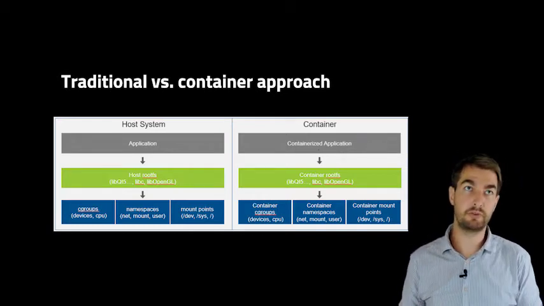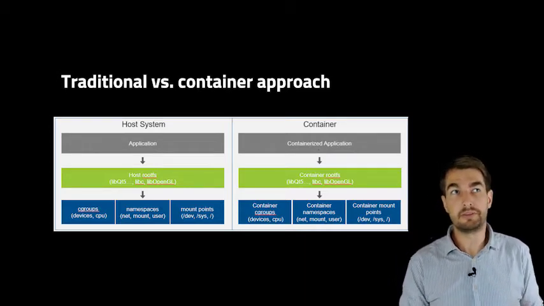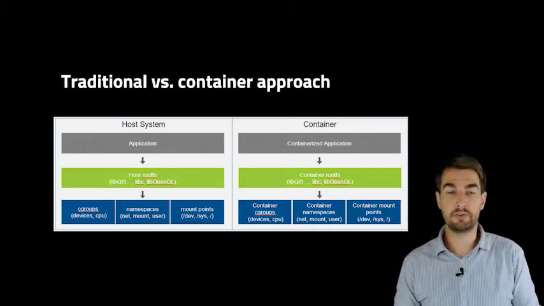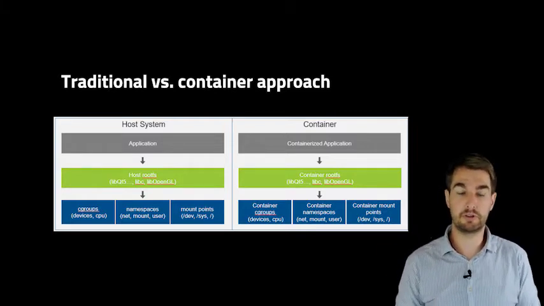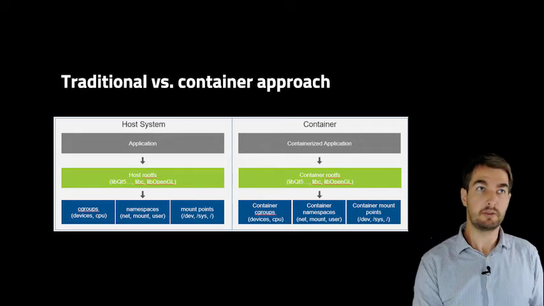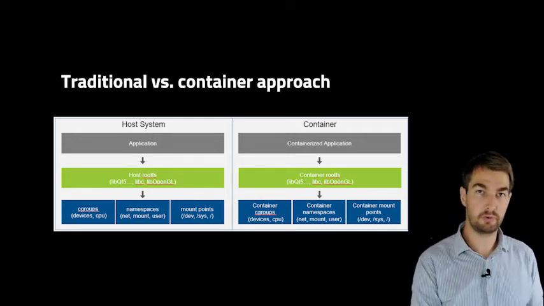And of course, it also uses other mount points, because it even needs a different root file system. So if you do an ls root, then you would just see the content of your container root file system and not the one of your host system.